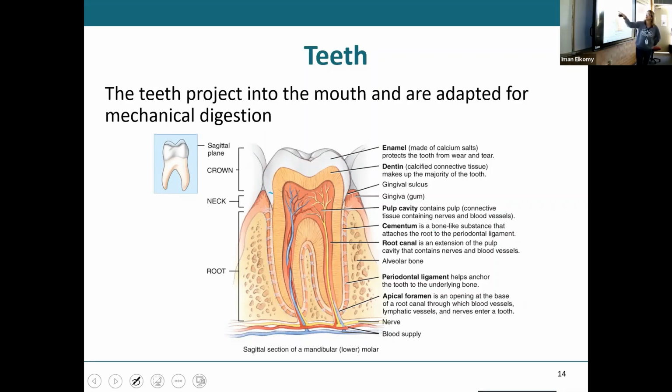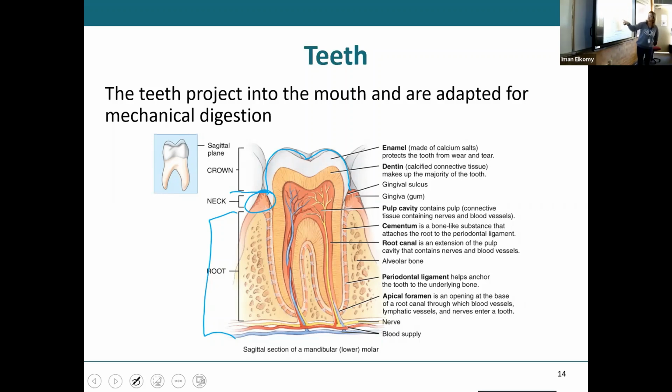That's the part that's above the gum line. The neck is the junction. And then the root is everything that's down below the surface, embedded in the bone that you don't see. The crown is covered in enamel. That is the white, pretty stuff that everybody's trying to bleach all the time. Below the enamel is the dentin, and that's sort of like the ground substance of your teeth.